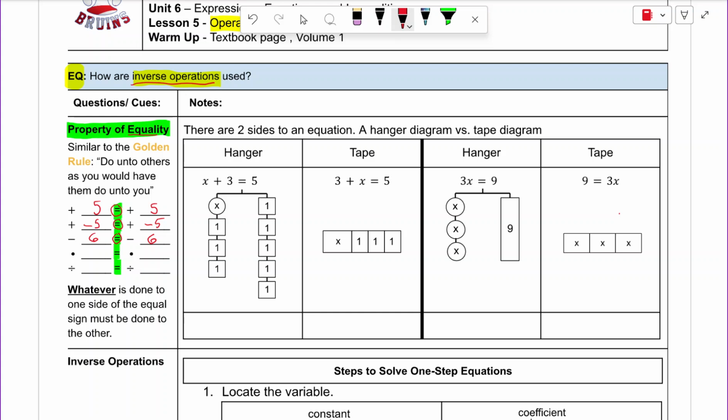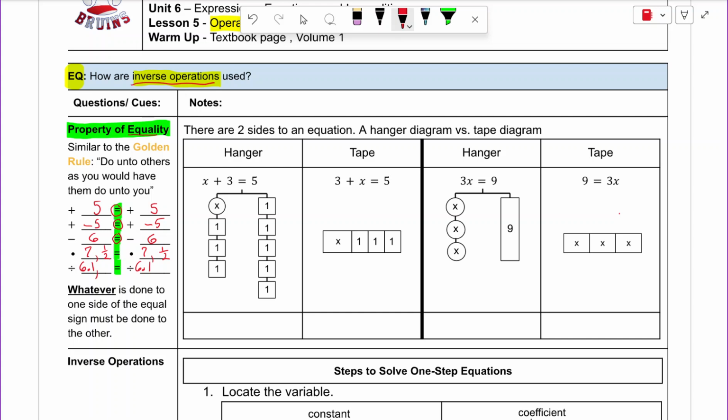Same thing goes for multiplying by 7. You have to multiply by 7 on the other side. Let's say you multiplied one side by the number half. You'd have to also multiply the other side by the number half. And then dividing, say you divided by a decimal, 6 and 1/10. The other side you'd have to divide by 6 and 1/10.